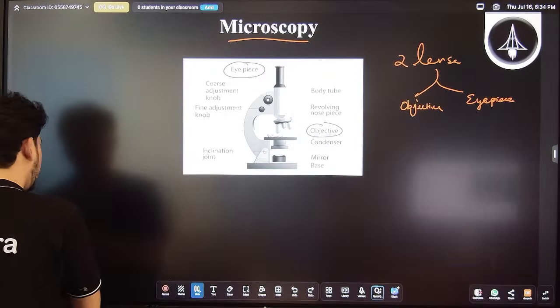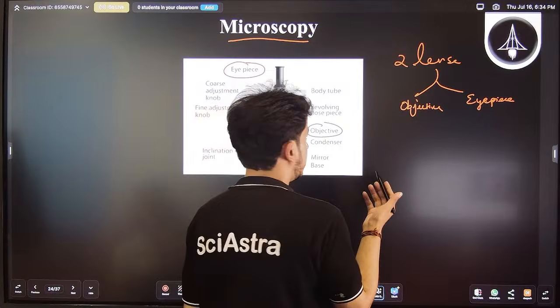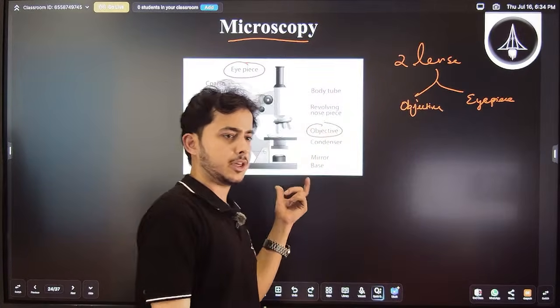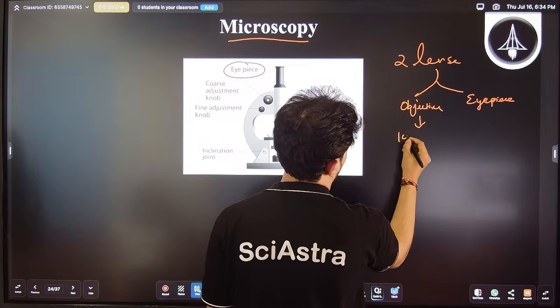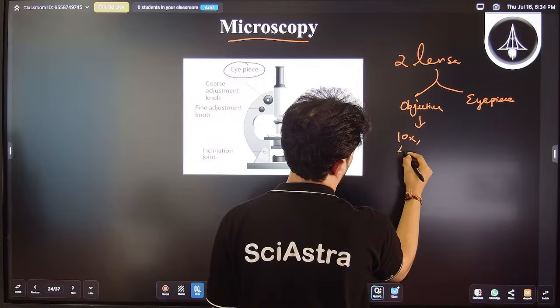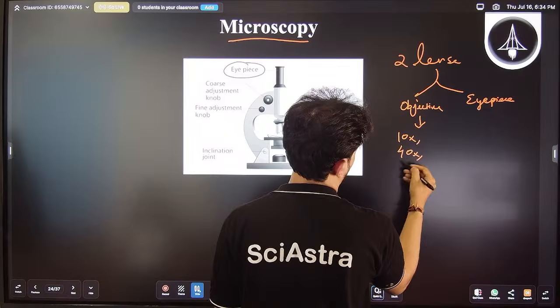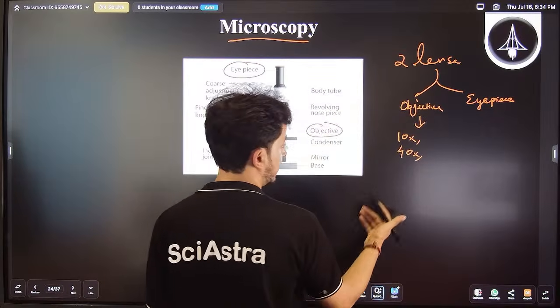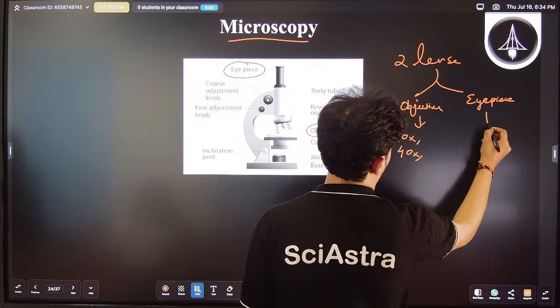And based on how many times you have magnified the image, you have different lenses in the microscope, okay. So you can have 10x, right? You can have 40x, okay, and like that you can have different kinds of lenses which have different magnifying powers.